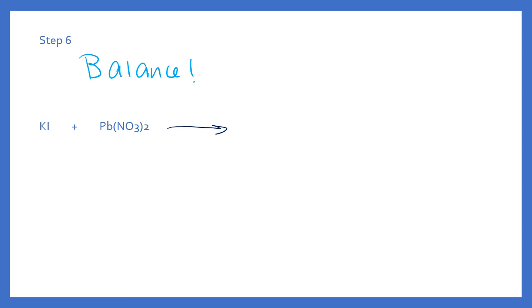So it is PbI2 plus KNO3. Pb took a +2 charge, so my I is going to take a 2 charge. My Pb is taking a 1. K took a 1, and NO3 took a 1.